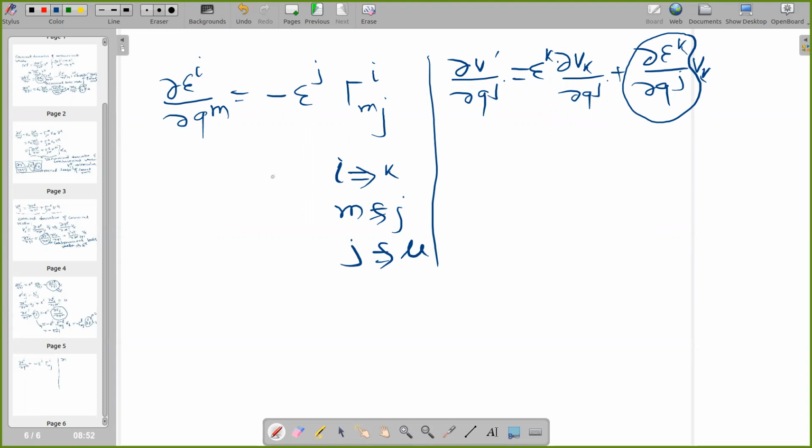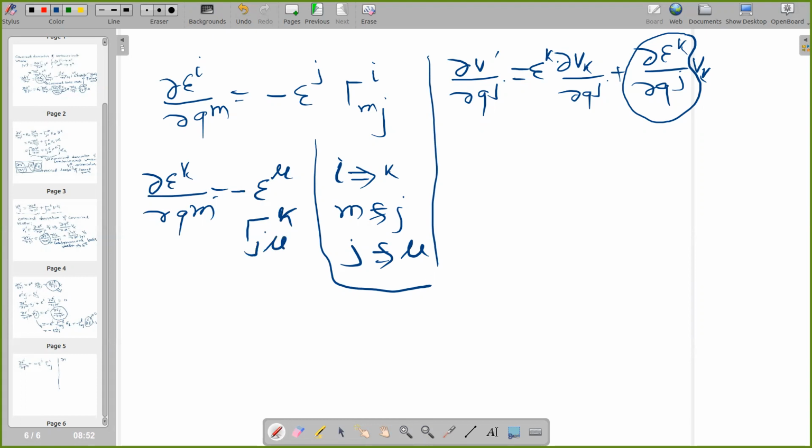So here, when replaced, the relation will become j mu. We have replaced this relation, so we can substitute this in the vector equation.